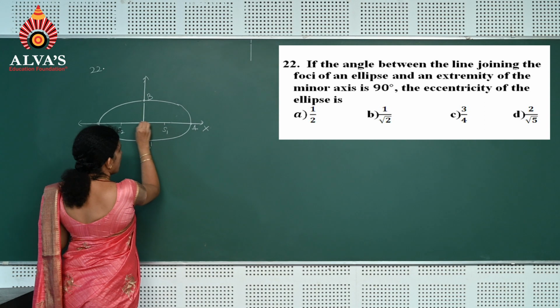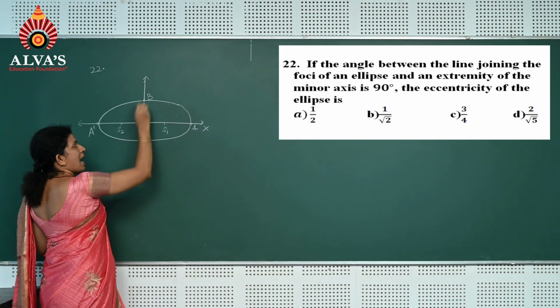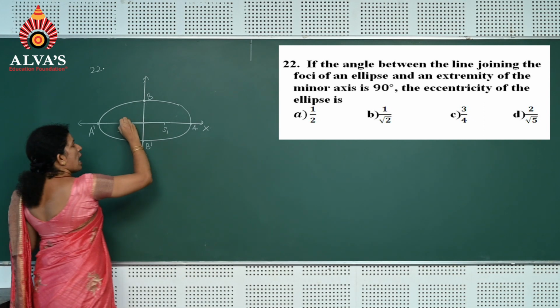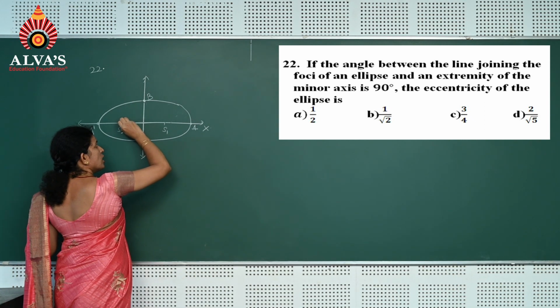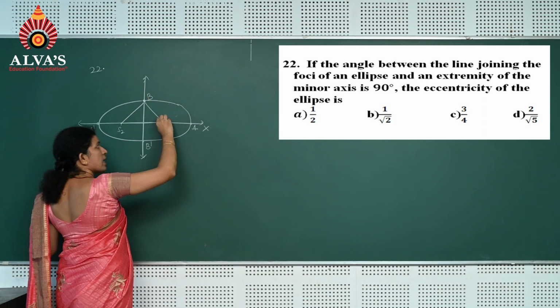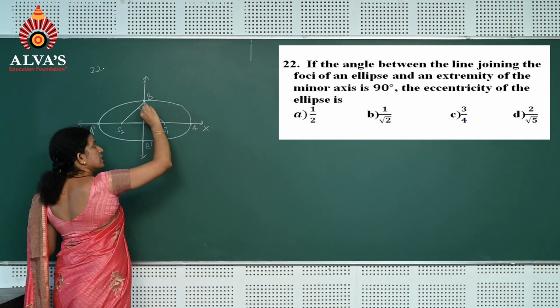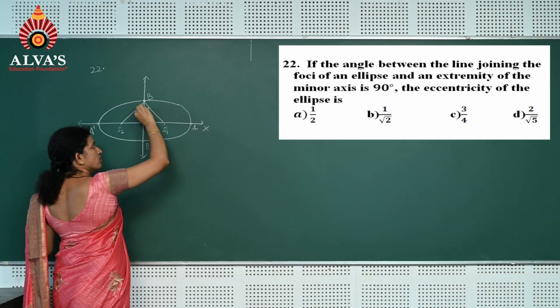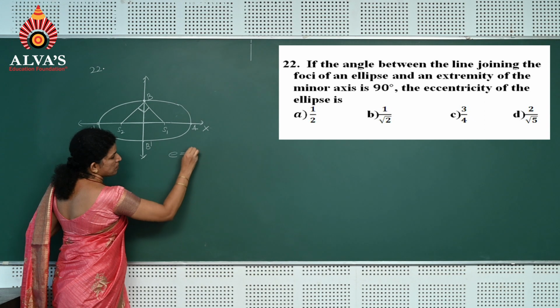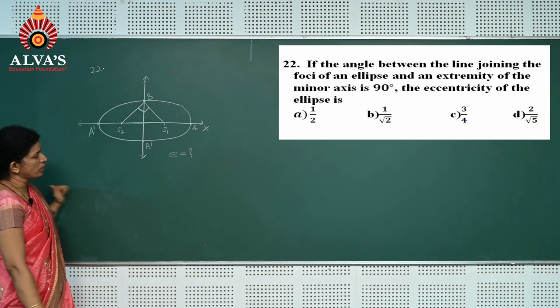This is the line joining the foci and this is one of the extremities of the minor axis. Given that this angle is 90 degrees, we want the eccentricity of the ellipse, meaning the E value.